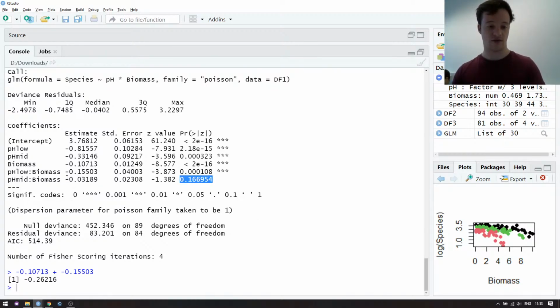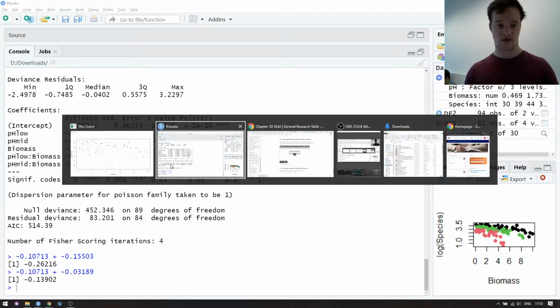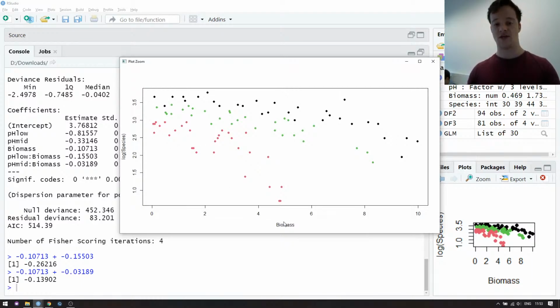So this one we can also calculate, it's just the previous one, but then minus this. And then it says, okay, this slope of 0.14 doesn't differ significantly from this one. That's the three slopes that we observed over here. The red one, the steepest one, has to be low, because that one had the steepest slope.